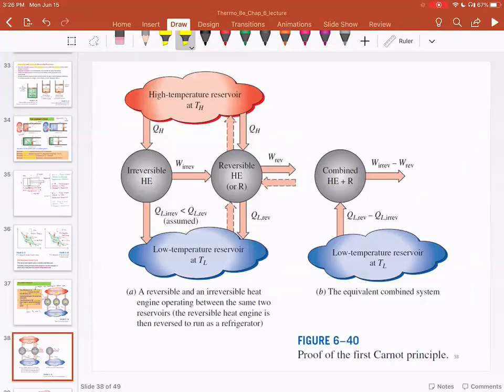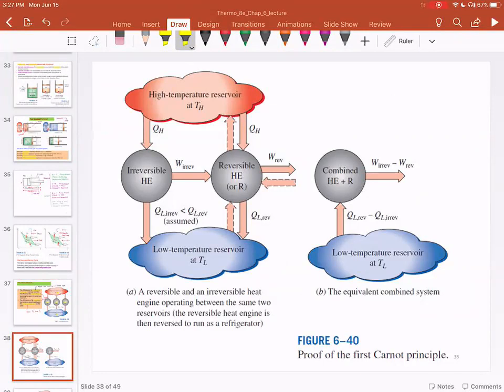Now there is a proof of the first Carnot principle, and this proof is derived by using some manipulations. If you have a reversible and an irreversible heat engine, the reversible heat engine can be converted into a refrigerator.